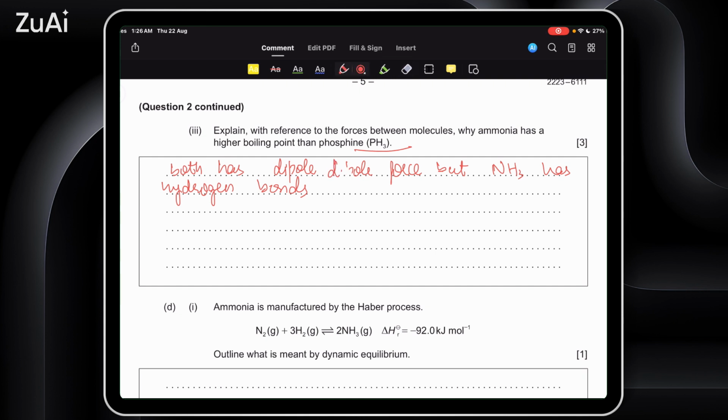Its strength is higher. And large energy is required to overcome this force.